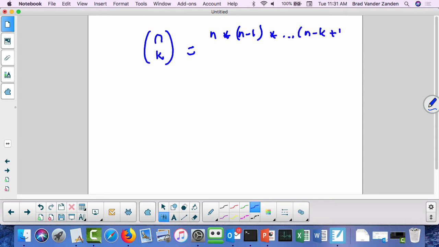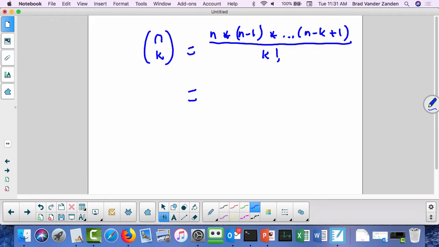And then that's over k factorial, because for any k balls, there are k factorial different ways of arranging them. So that's the formula.